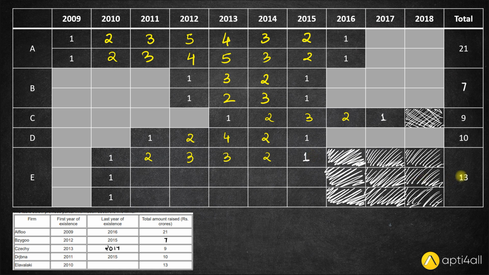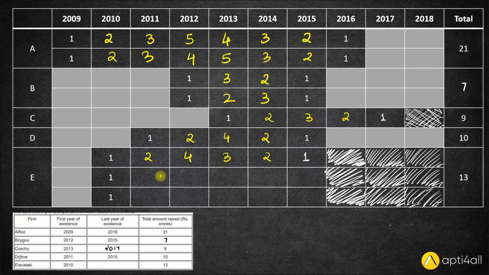So far, the total amount raised is 12 and we have to raise 13. That means we have to raise 1 more crore. That 1 more crore can be added here, here, here or here. It cannot be increased here because then 3 and 3 will become the same. First of all, we have to make sure these 3 and 3 are not the same. So this 1 crore can be added here, or it can be added here. So again we have two cases.